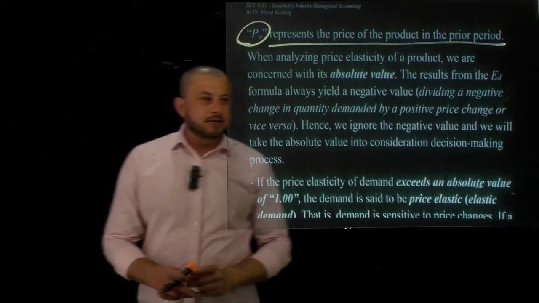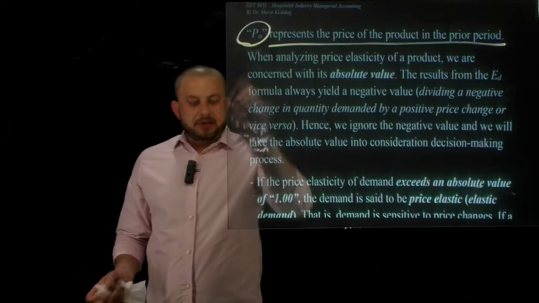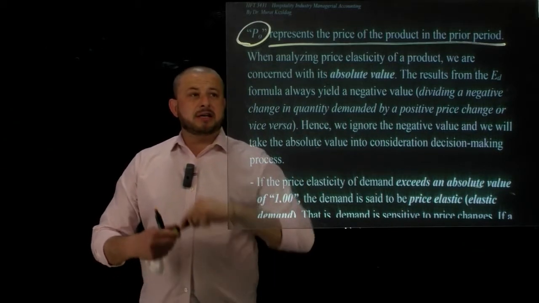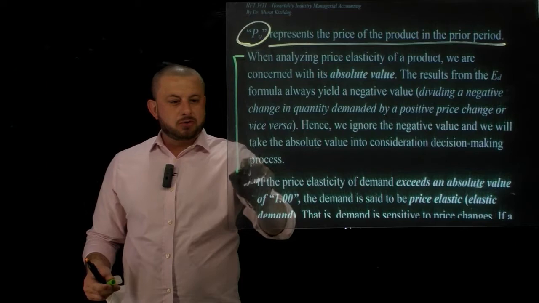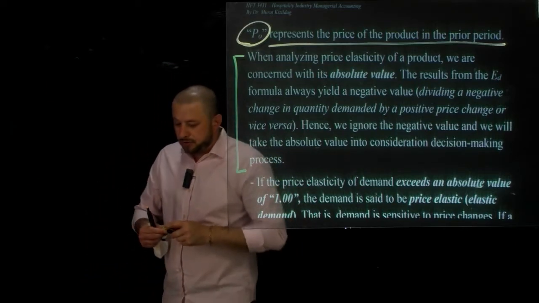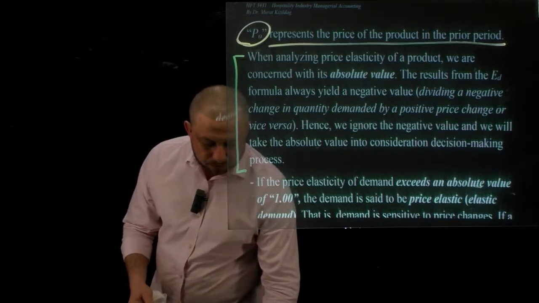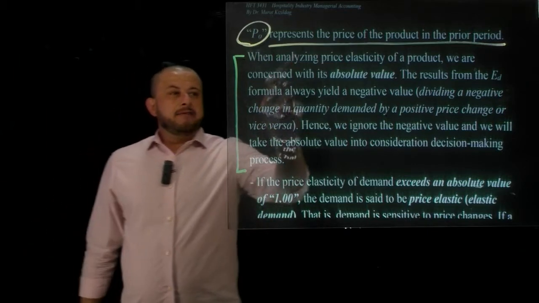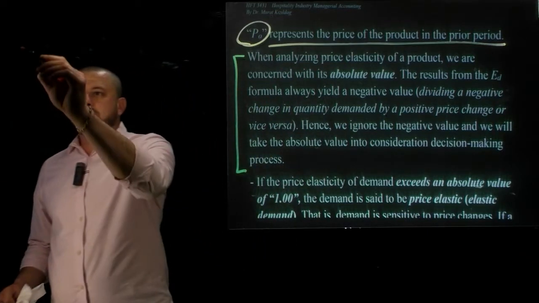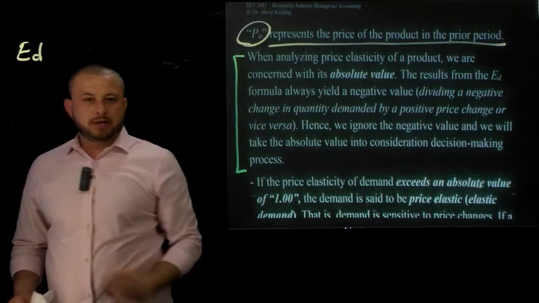Okay, so all right, guys, a couple of things I would like to mention before I show the rules of thumb of the ED. When analyzing the price elasticity, ED, guys, we know that, okay?